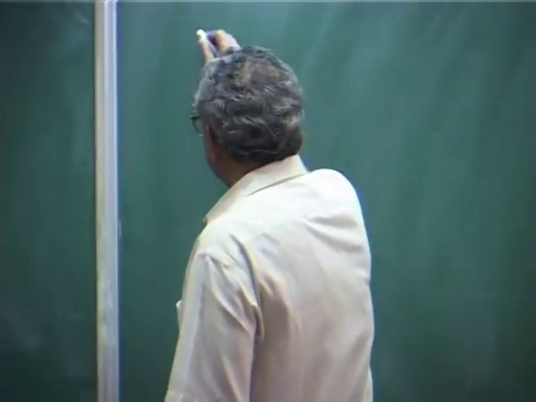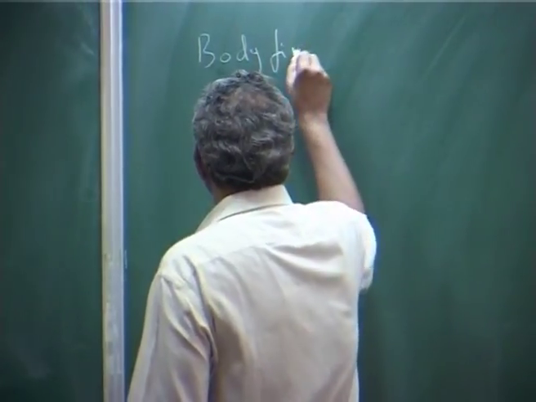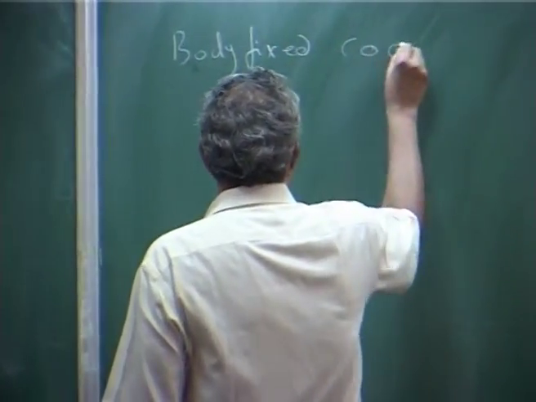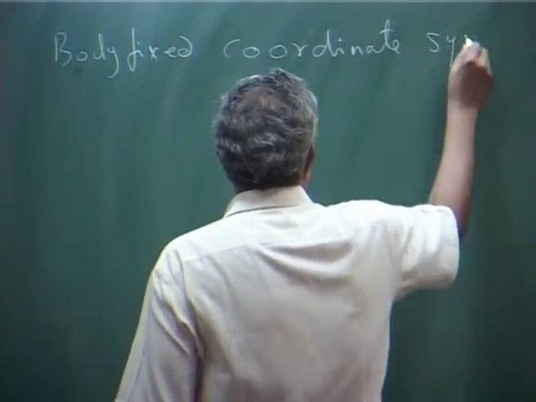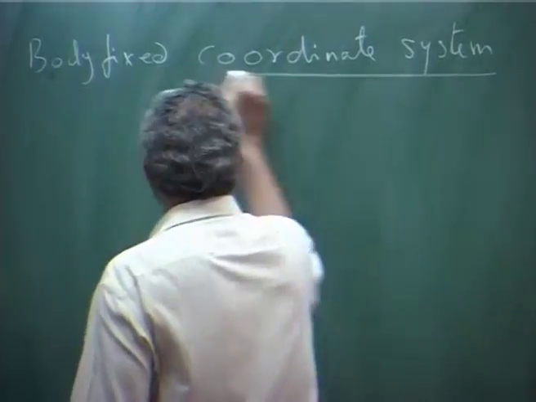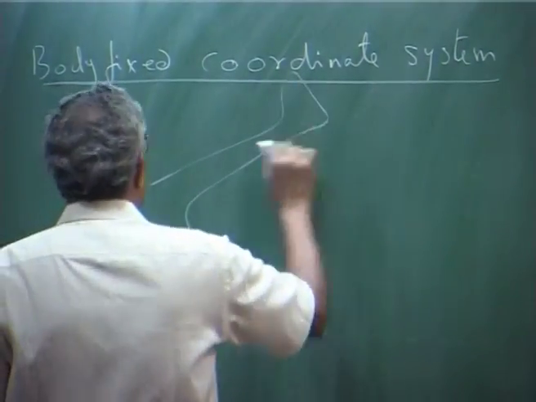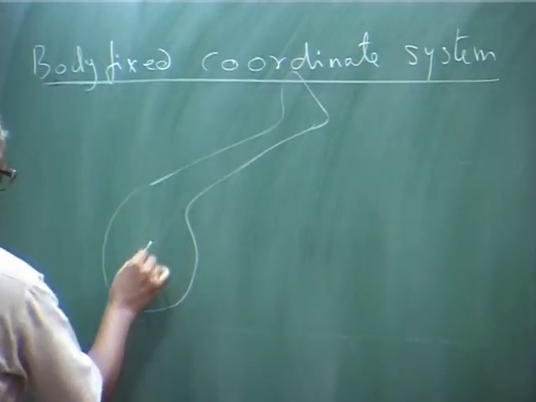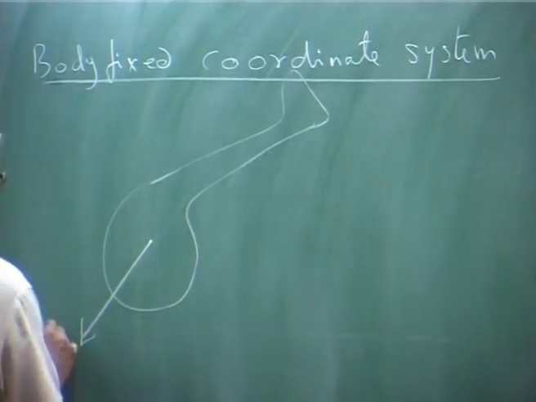First, you write the body fixed coordinate system. Please note I am using a slightly different coordinate system for this case, because this is what most flight dynamics people use.